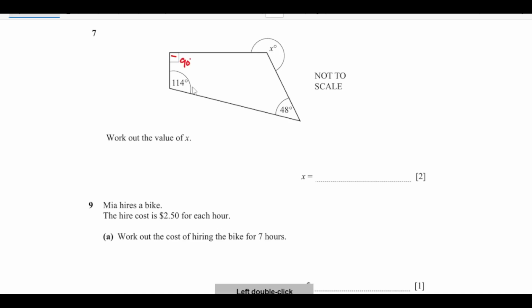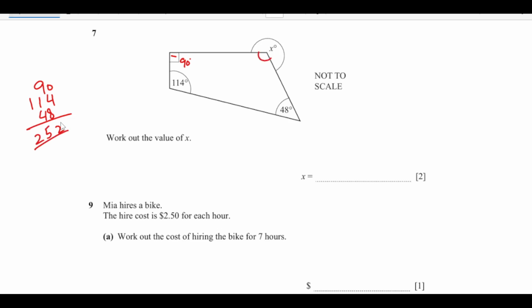So we will add all of these: 90 plus 114 plus 48. 8 plus 4 is 12, 9 plus 1 is 10, 14 plus 1 is 252. So 252 is the sum of these angles.